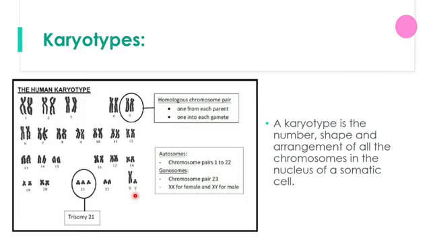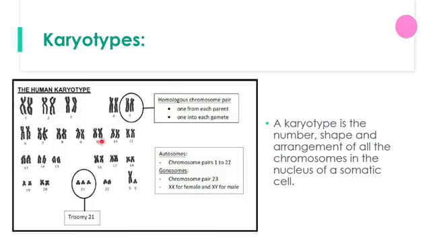And then the other thing that you need to be able to do is go to chromosome pair 21 and identify whether there's a genetic defect, Down syndrome, which is not part of the work that we're going to do today, but that's where you use the karyotypes, for those type of questions, to identify whether there's some sort of genetic disorder and whether it's a male or a female.